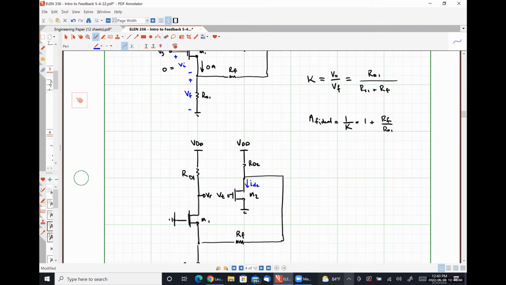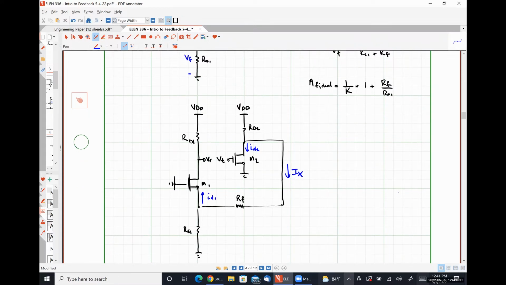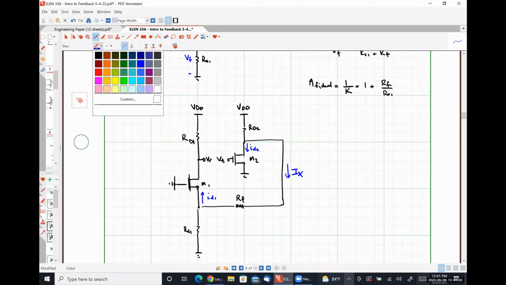So let's call this current right here IX, and let's call this current flowing up like so ID1, and start working on some relationships.